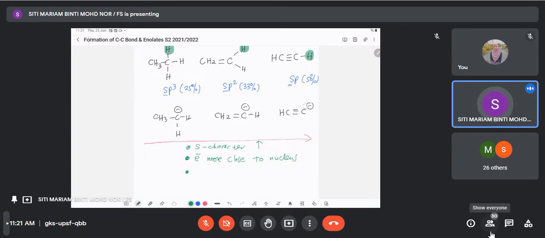You see my cursor, because each carbanion has a negative charge, so you have an extra electron belonging to each carbon here. So that electron is close to the nucleus. In other words, it will stabilize your carbanion. So I put here in the bracket, stabilize.